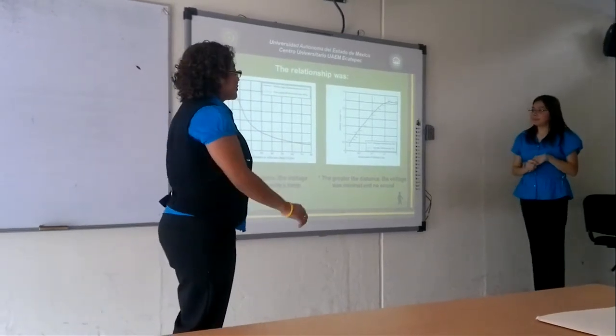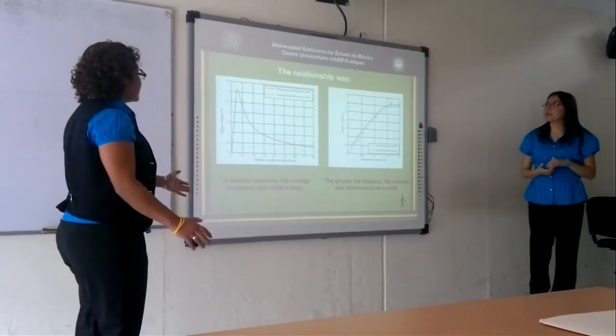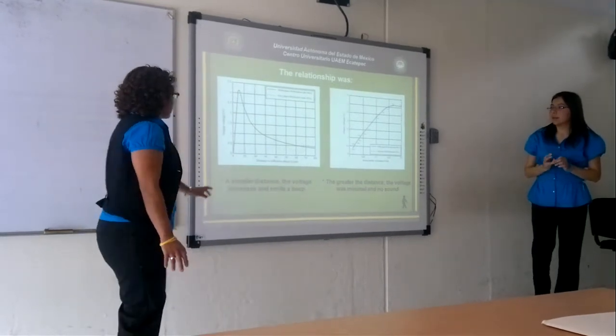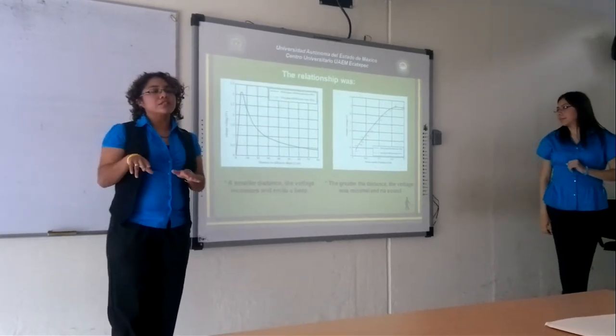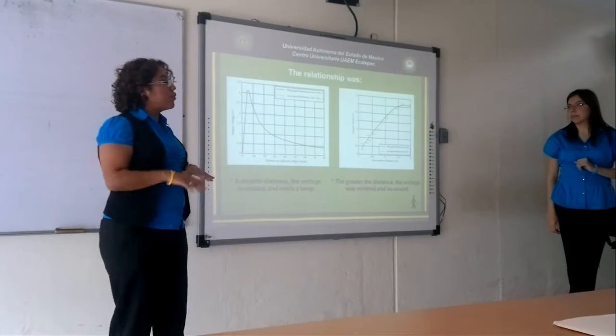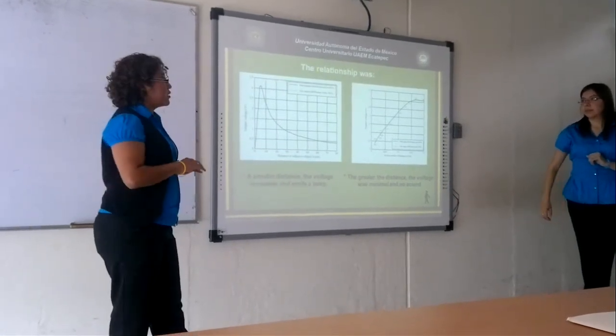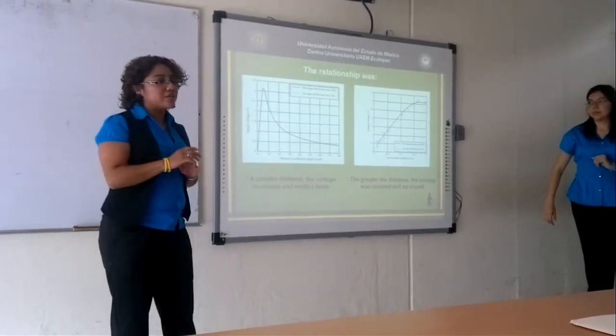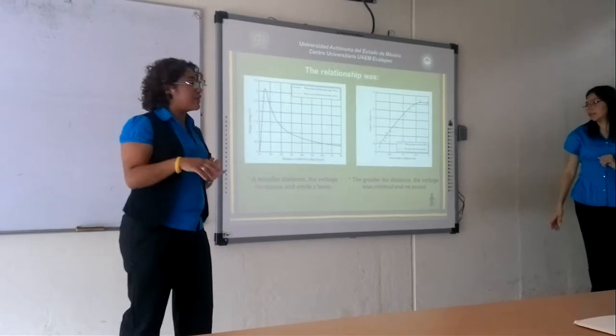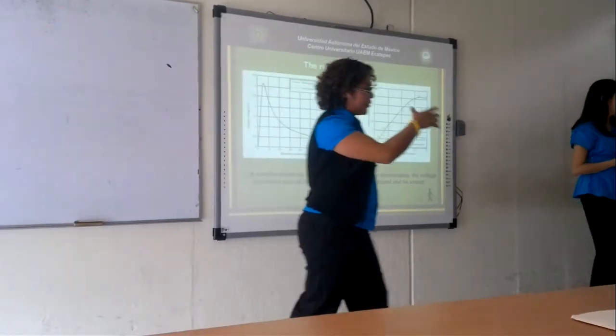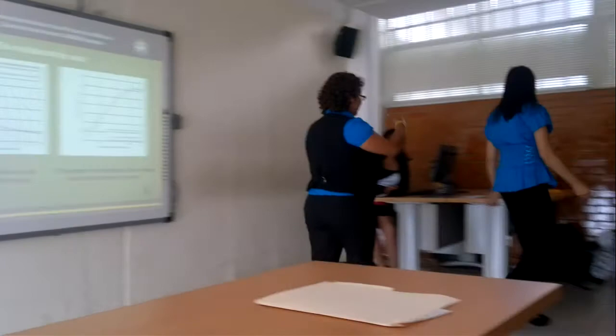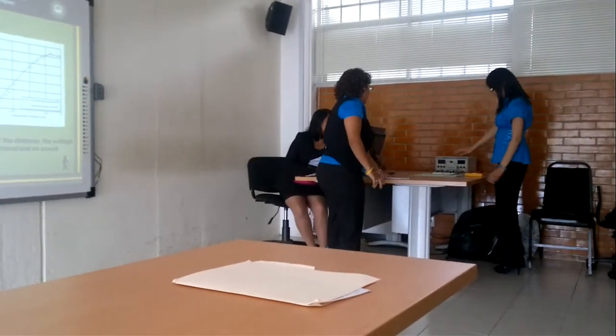Well, the relation was: when there is no object, the voltage is more. When there is an object, the voltage is negative. Well, we are going to talk about the test of the project.